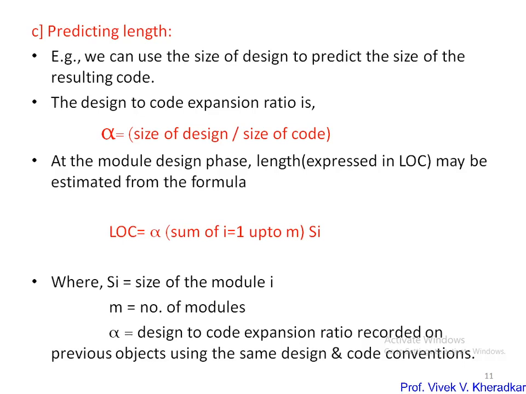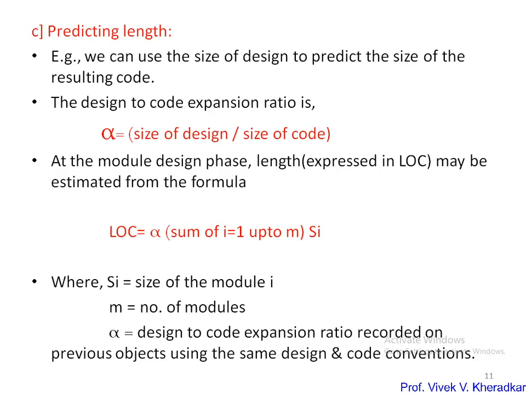Halstead suggested how to predict the length, because in the early phase of the life cycle we want to know what code is required. Halstead defined the length as predicted by a ratio called the expansion ratio, by which we can predict the size of code.